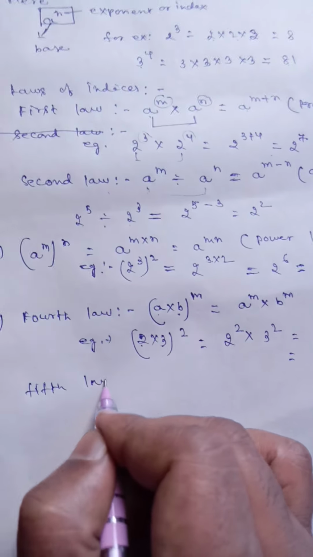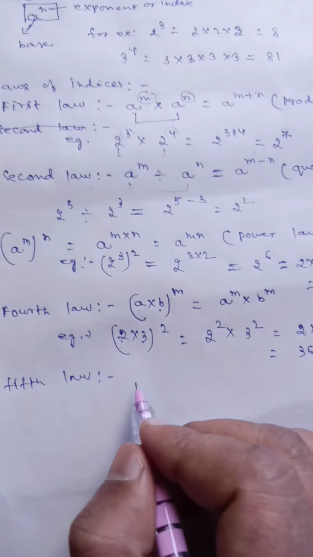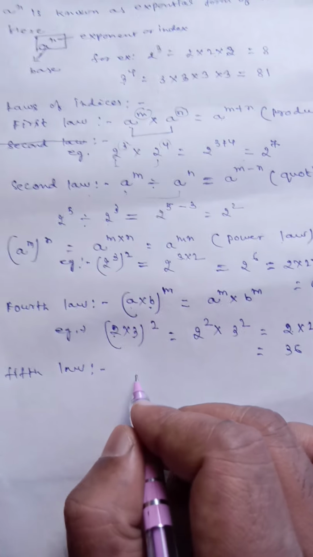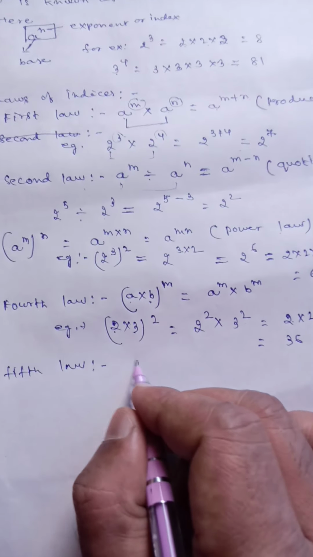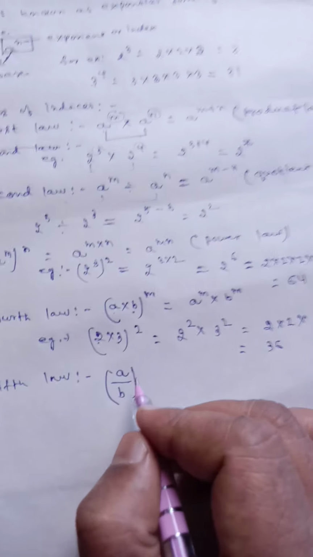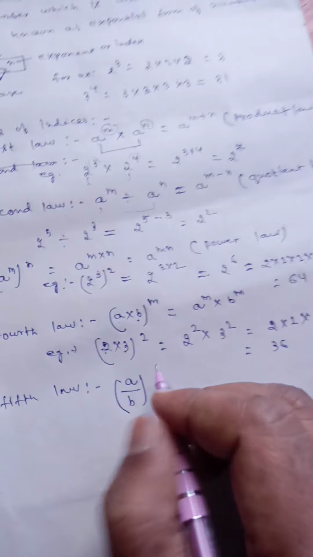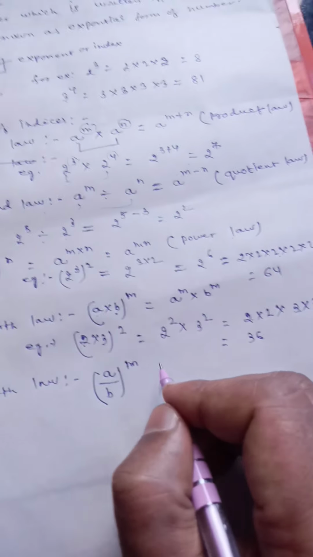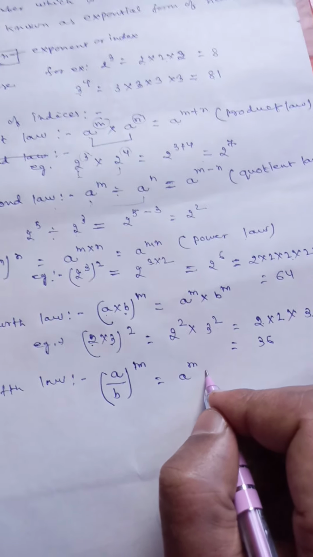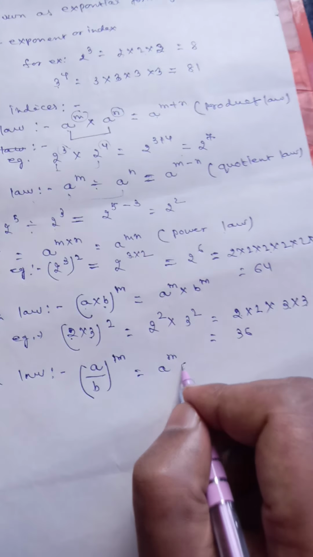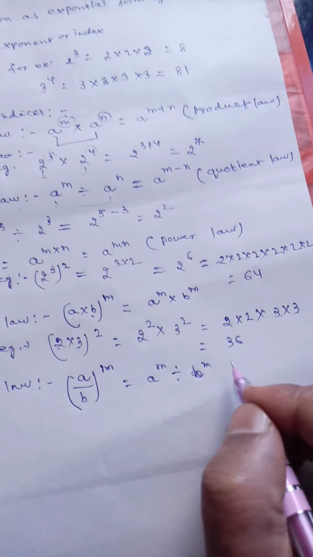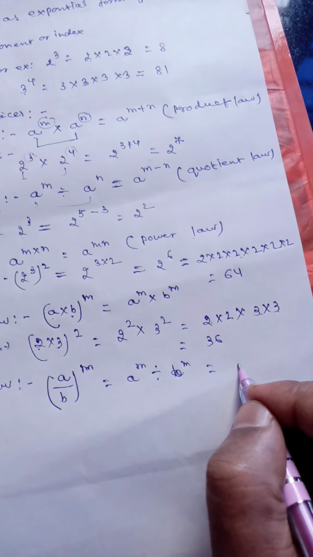Law: if there are two bases in the form of division, a upon b raised to power m is equal to a raised to power m divided by b raised to power m.